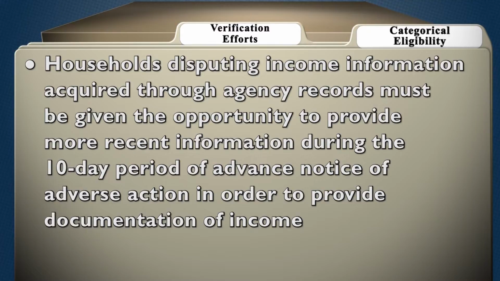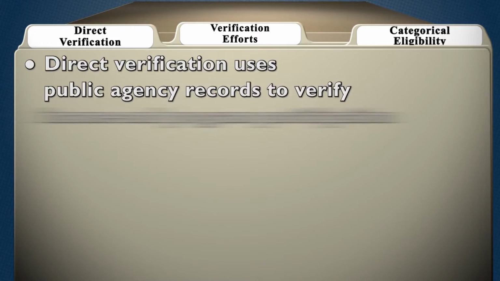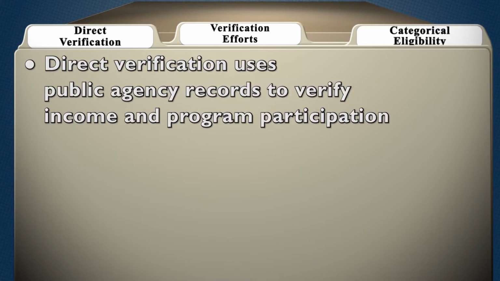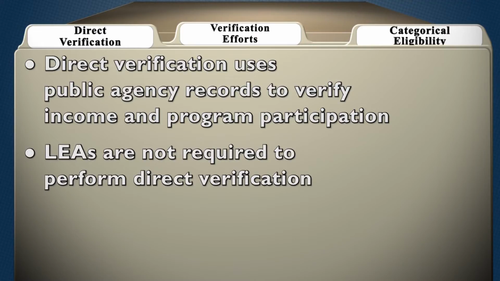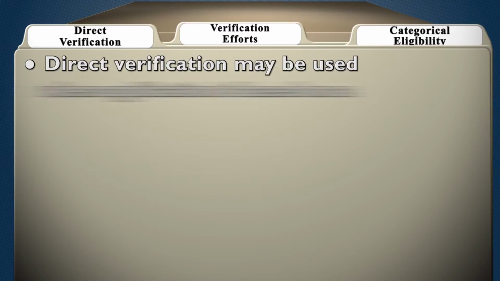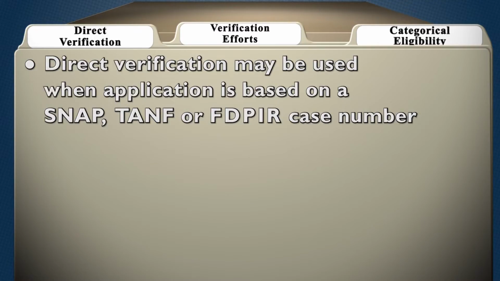Consider the following points for direct verification. Direct verification uses records from public agencies to verify income and/or program participation. The LEAs are not required to perform direct verification. Direct verification may be used when the household application is certified based on a SNAP, TANF, or FDPIR case number.